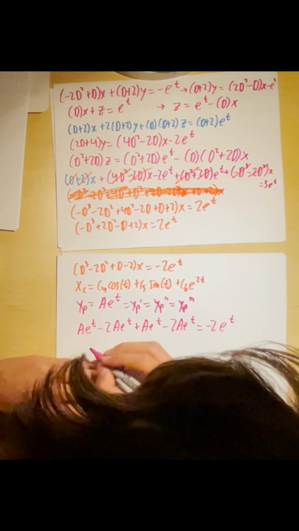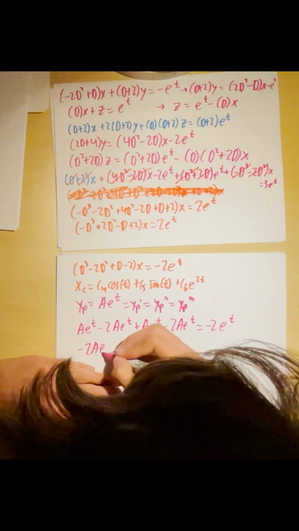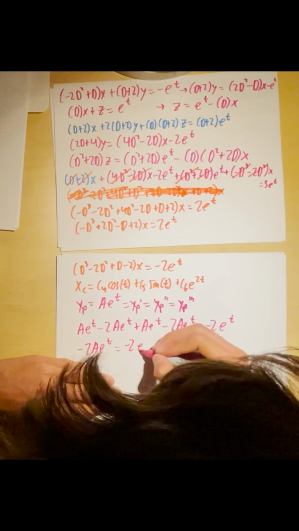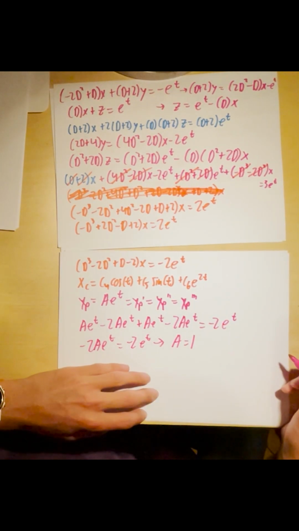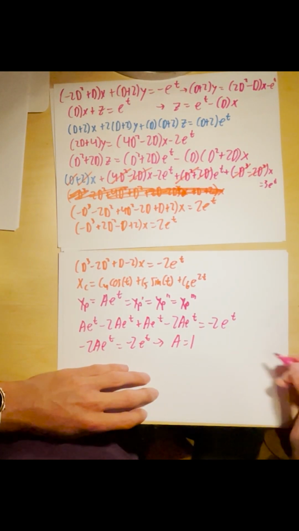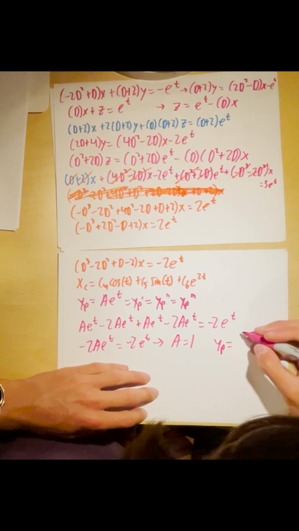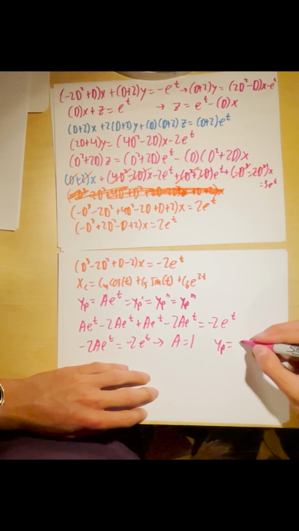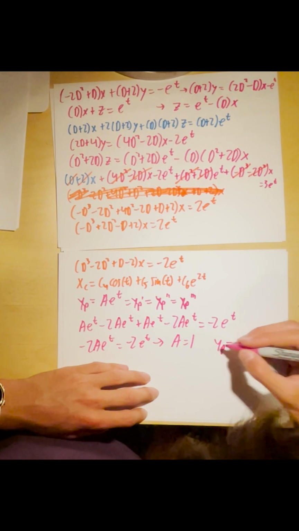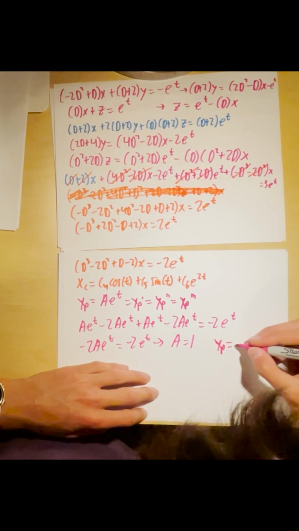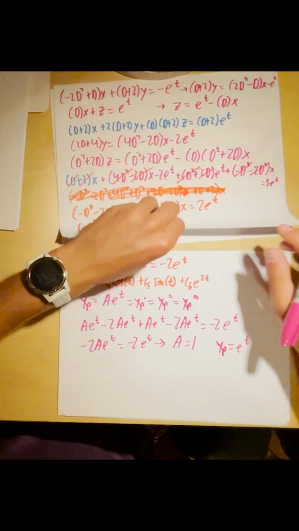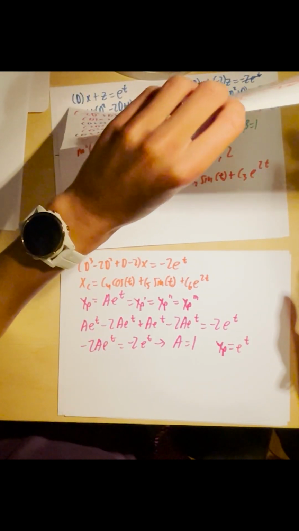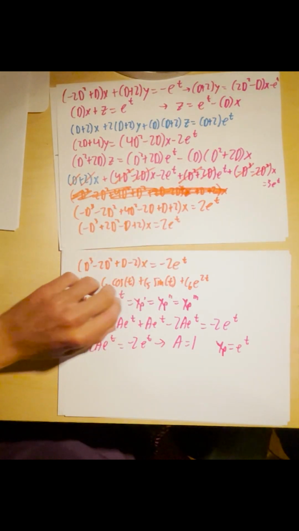You'll notice we end up with negative 2a e to the t equals negative 2 e to the t. So a equals 1, which means xp equals e to the t. Now we have our general solution of x.